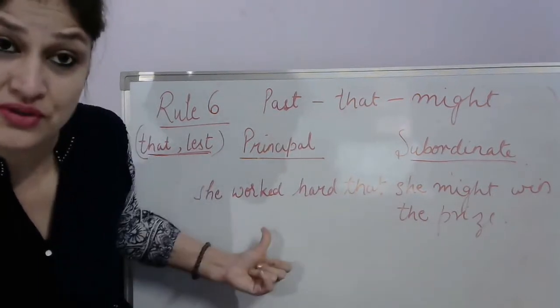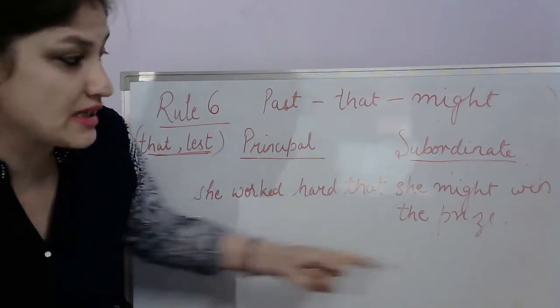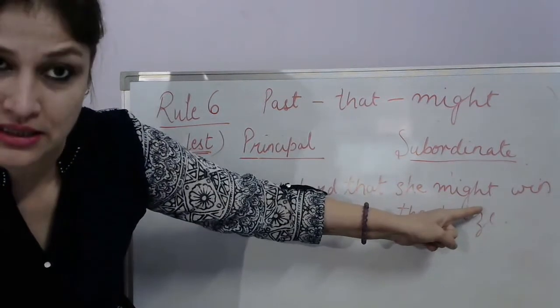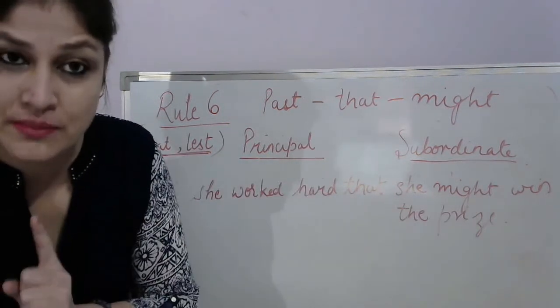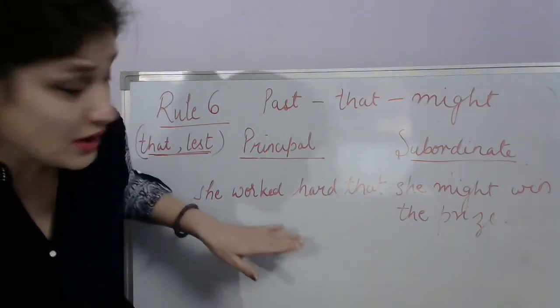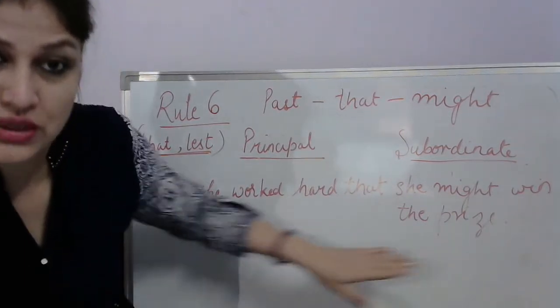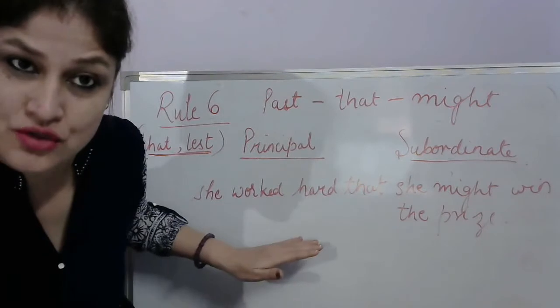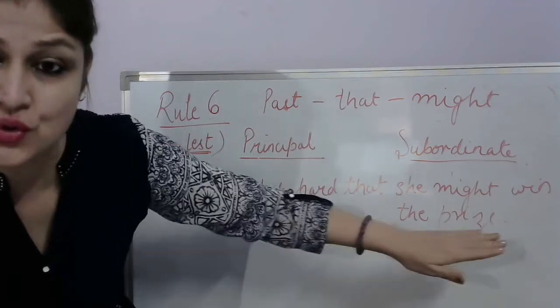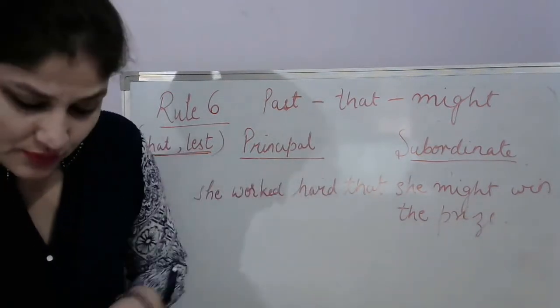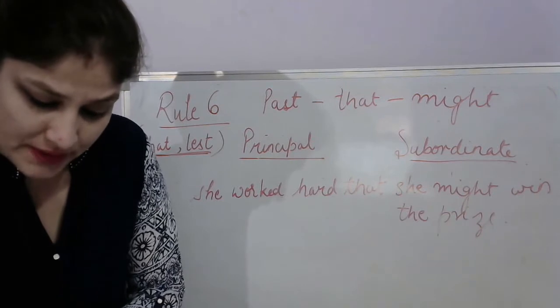It is in the past tense, that is why might. But in case it were in the present or the future tense, then it will change to may. Keep this point in mind. If it is in the past tense, it will be might. If it is in the present or the future tense, it will change to may. For example, see the second one here.